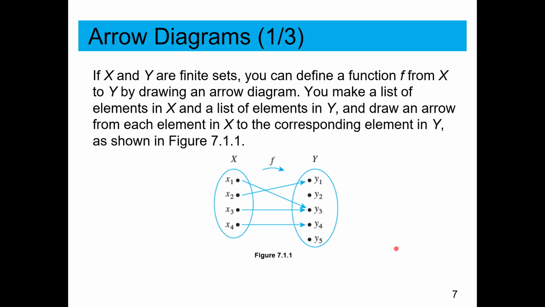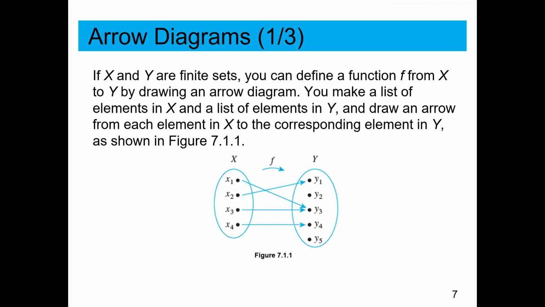And two, no element over here has two different arrows. So in other words, I'm going to add an extra arrow. What if x2 also had an arrow that went over here to y1? In that case, if x2 had both of those, that's a major problem. We don't like that.